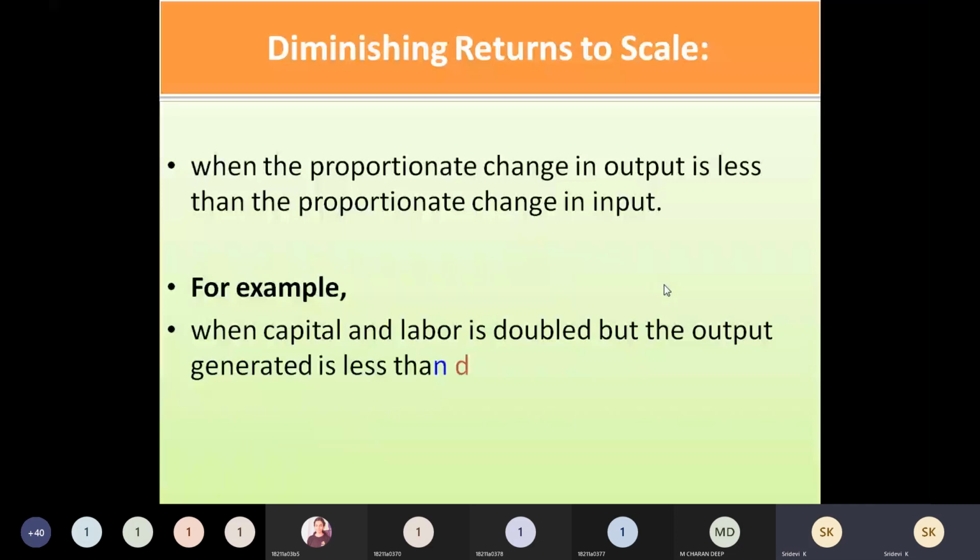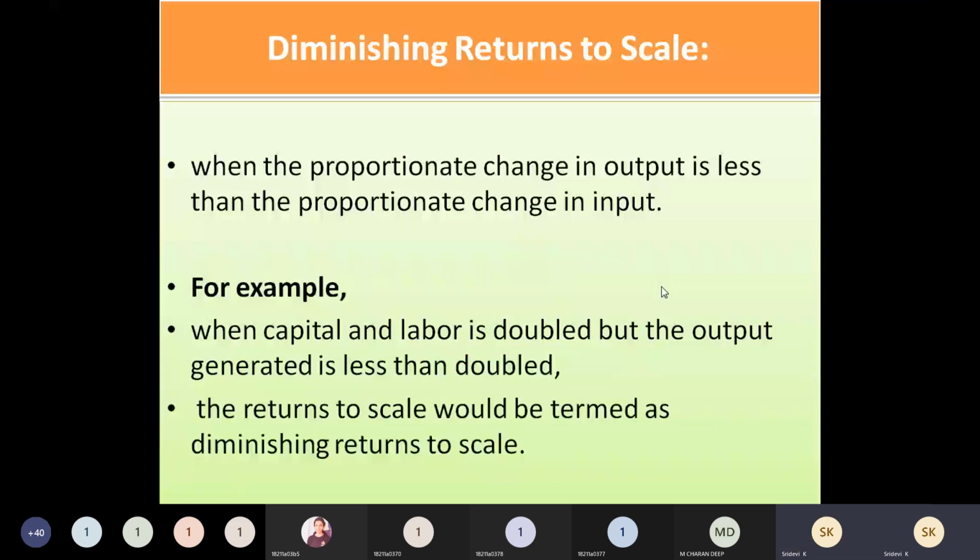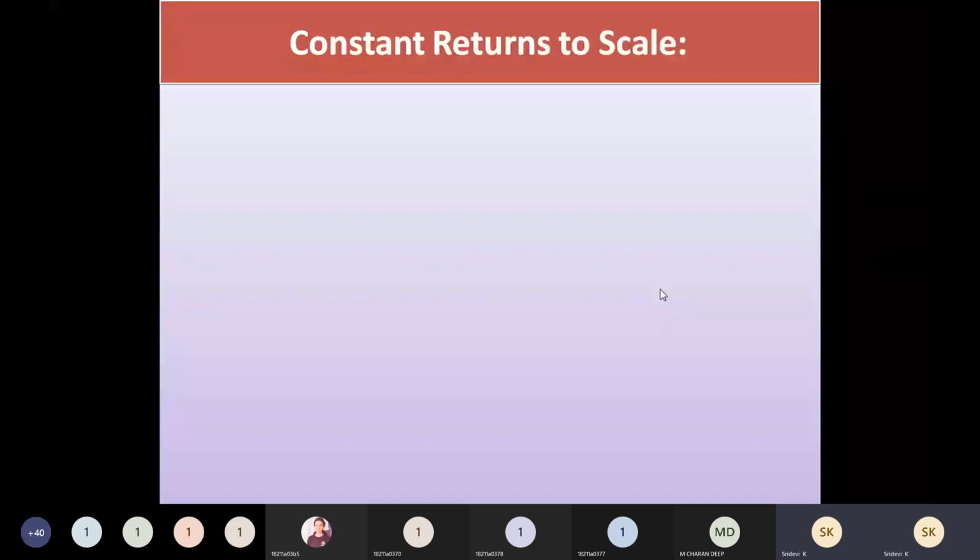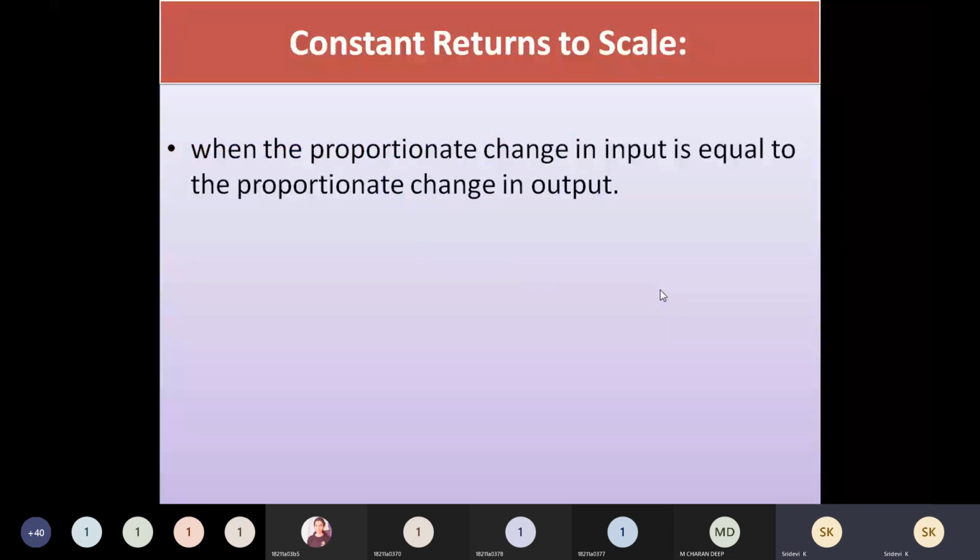After completing the explanation of the schedule and the graph, you give side headings of each law and you explain like this. Constant returns means a proportionate change in input is equal to a proportionate change in the output. So when inputs are doubled, output is also doubled.